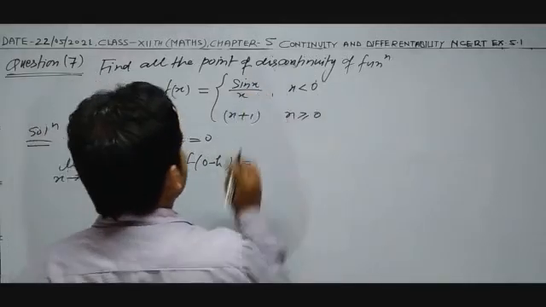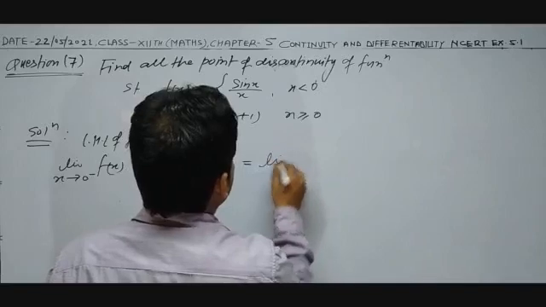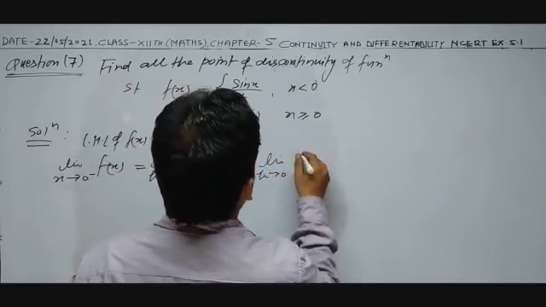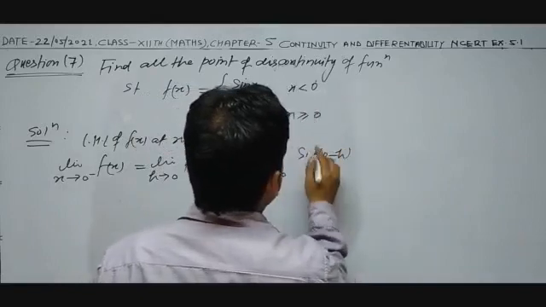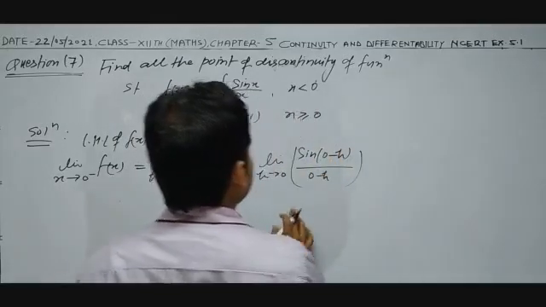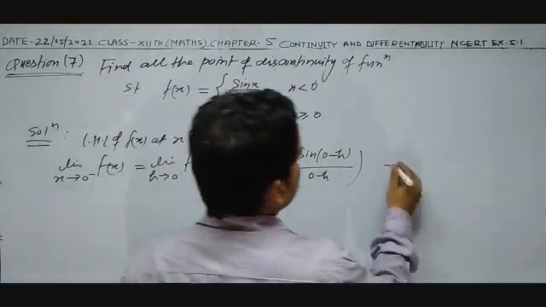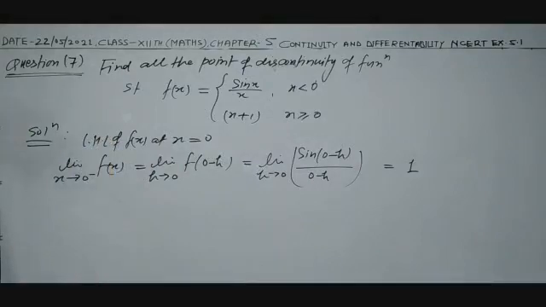At the place of x you put 0 minus h. So limit h tends to 0 sin(0 minus h) whole upon 0 minus h. This result will tend to 1, because you know this is the Sandwich theorem: limit theta tends to 0 sin theta upon theta has value 1.